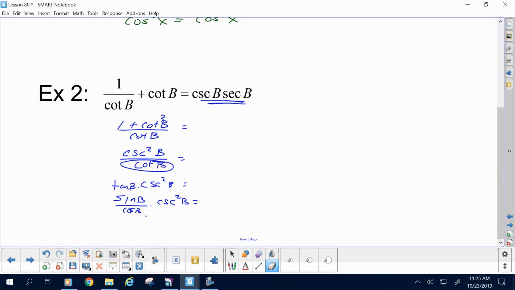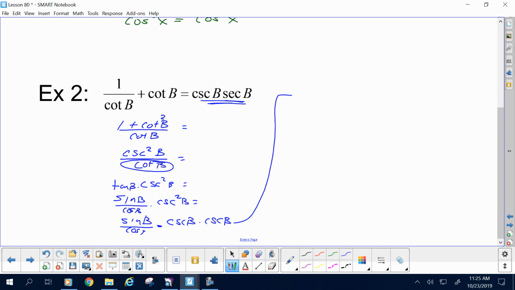See, this is why you can't do too much at once. So what I'm saying is let cosecant squared be cosecant cosecant. You follow me? Do I have to draw that? Okay. So now, one of those cosecants can be replaced by 1 over sine.